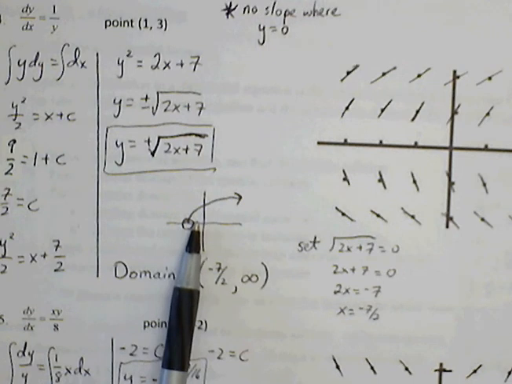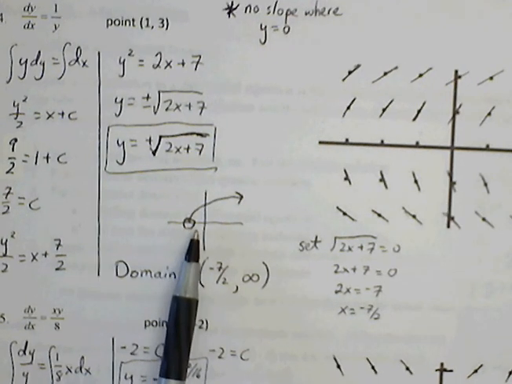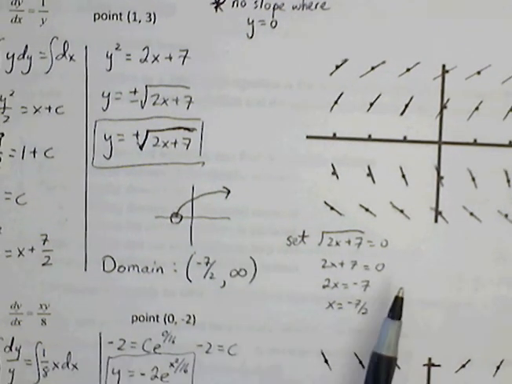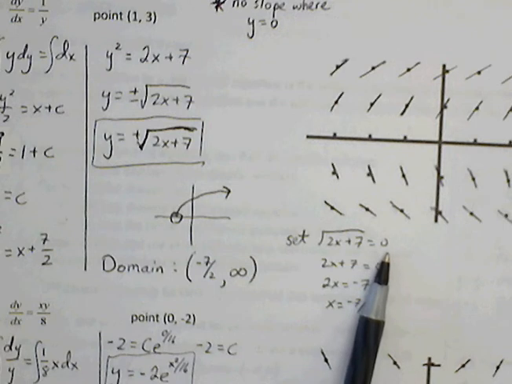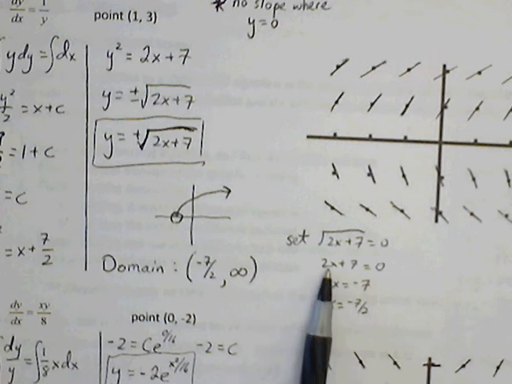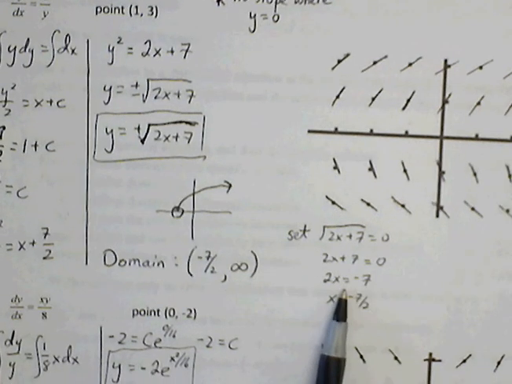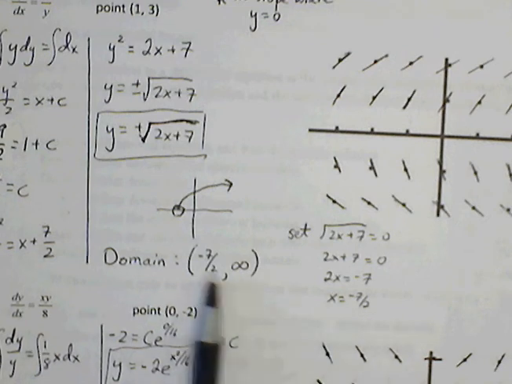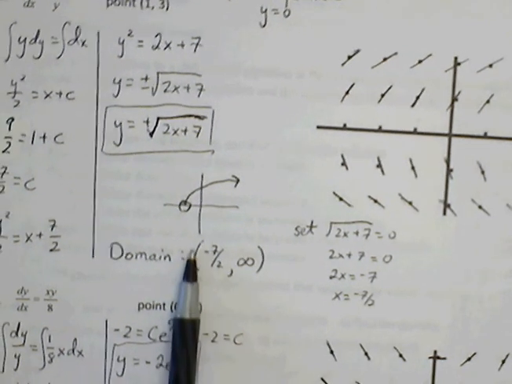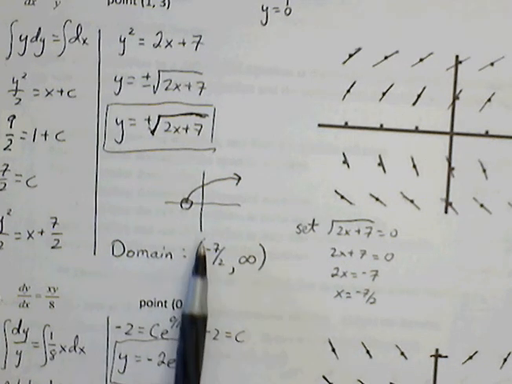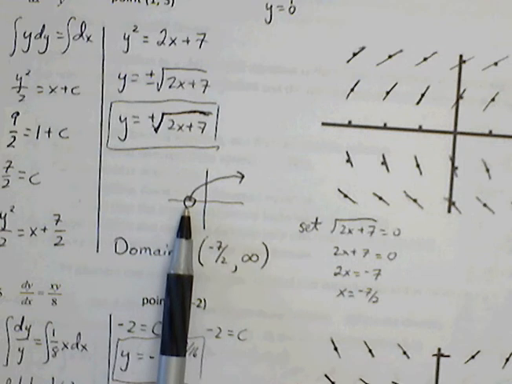So if we want to find where this open circle is, we can simply replace y with 0 and solve for x. We square both sides and get 2x plus 7 is equal to 0. 2x equals -7, so x equals -7/2. So we have a parenthesis at -7/2, meaning the graph cannot exist there, but for any point to the right of -7/2, the graph will start existing.